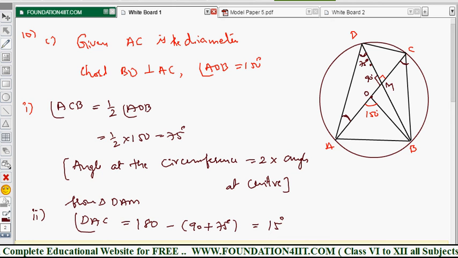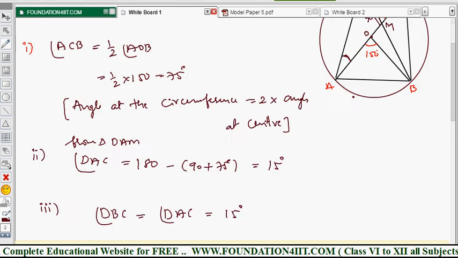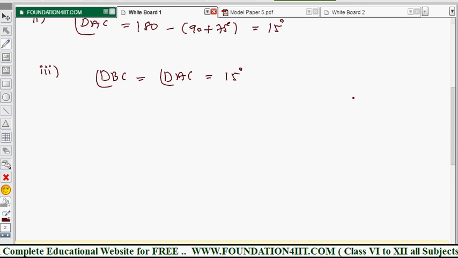So angles subtended by the same arc in the same segment are equal. That rule applies here. And angle ADC is already 90 degrees.